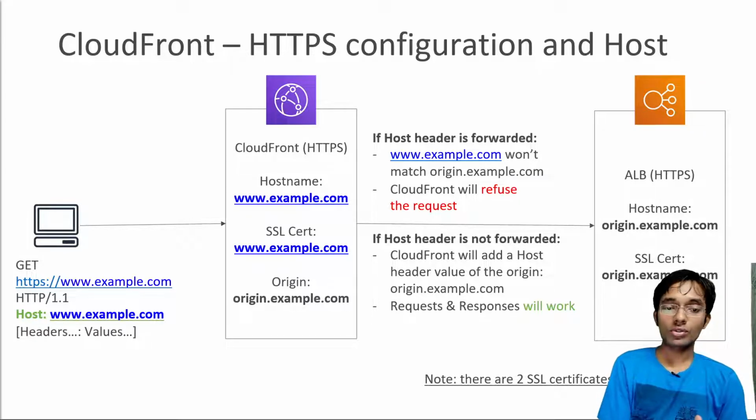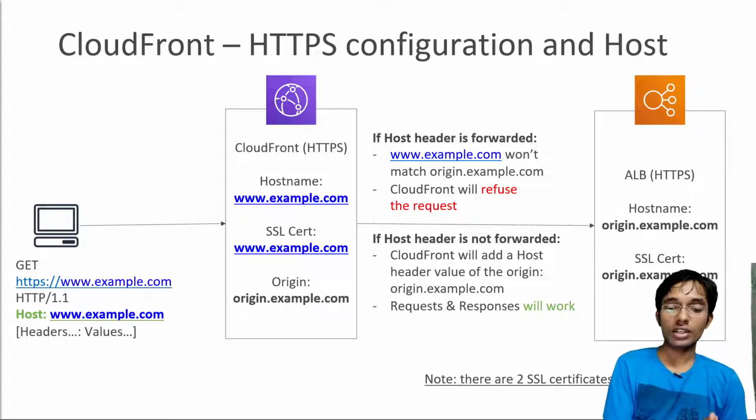So it's saying that the host I want to reach is www.example.com. On top of it, in the request, we are going to have headers with different values, and this is something we have seen that will be very helpful in case of caching.